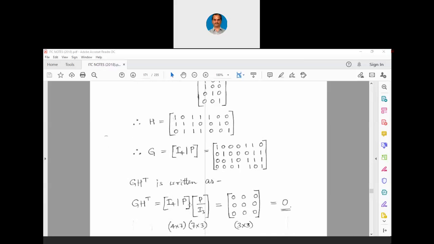Now look at this, G H transposed. G is I4 and P, 4 cross 7. H transposed is 7 cross 3. So naturally, we should get 4 cross 3. It is not 3 cross 3. I have written it wrongly. What is wrong here?